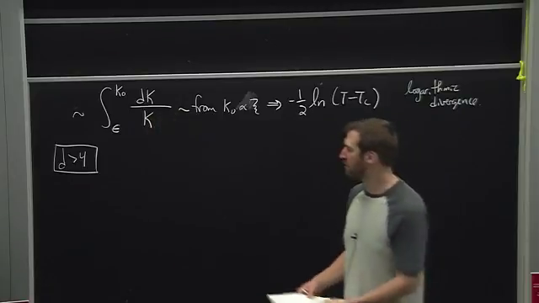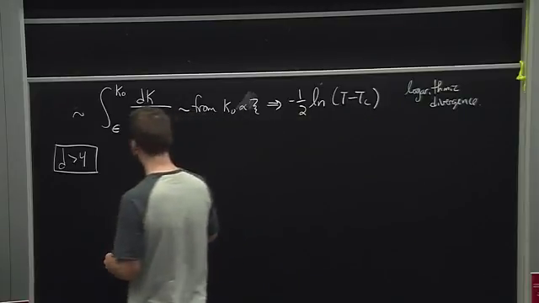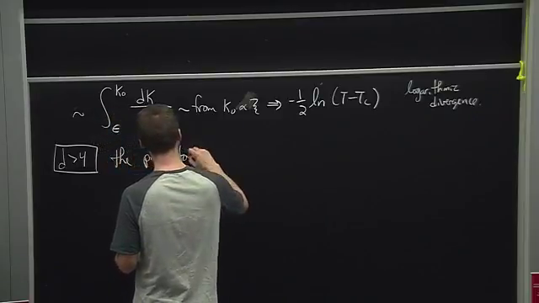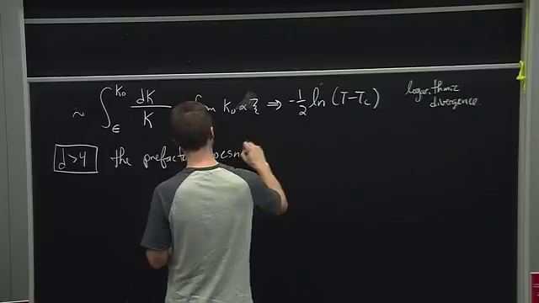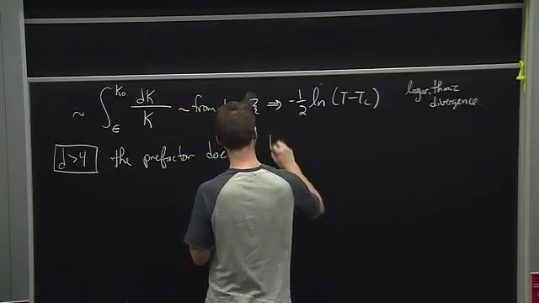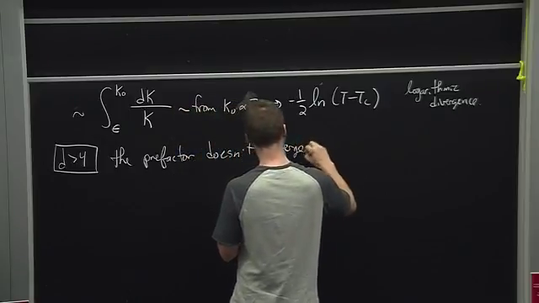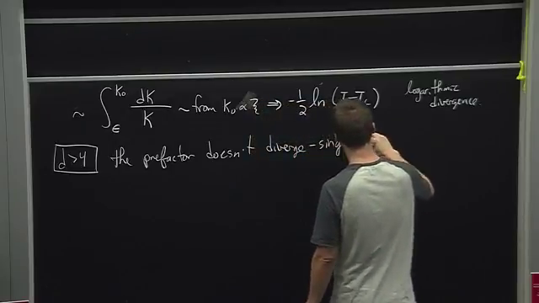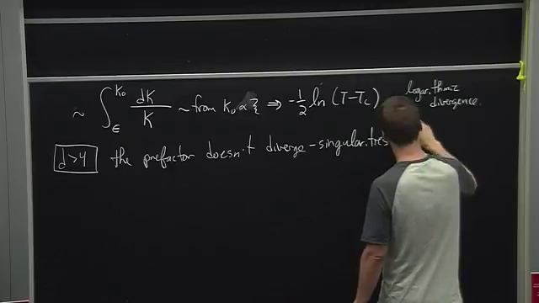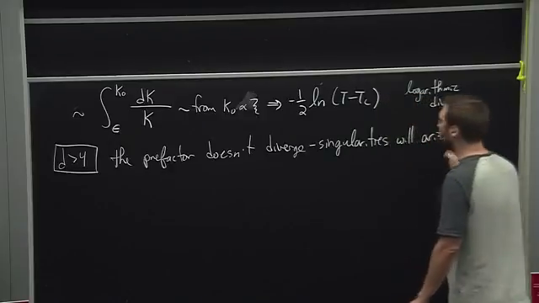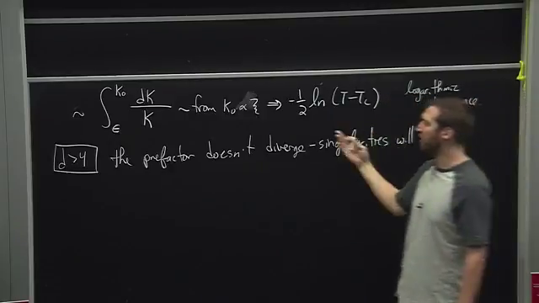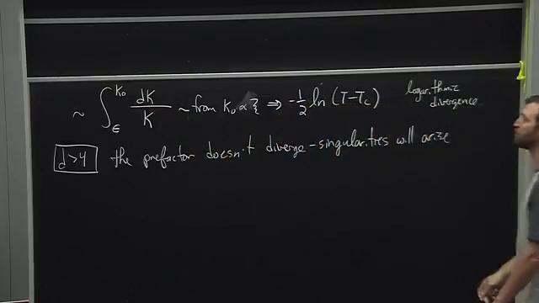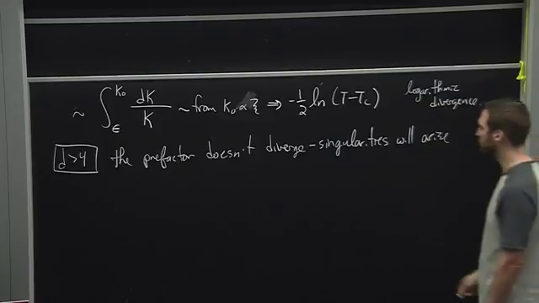So the prefactor doesn't diverge, but let's look at the integral. And just like this case, the singularities will arise from the upper limit of the k integral.